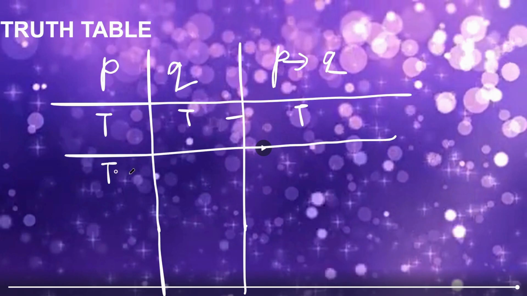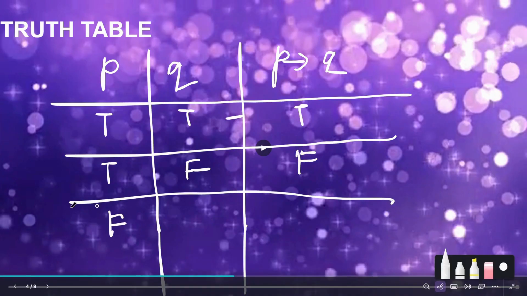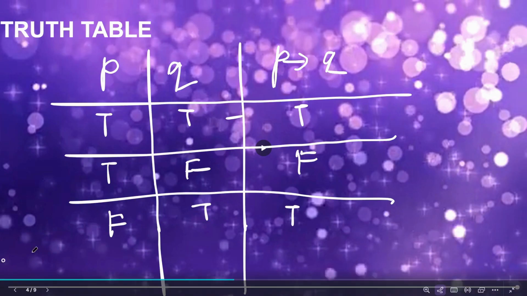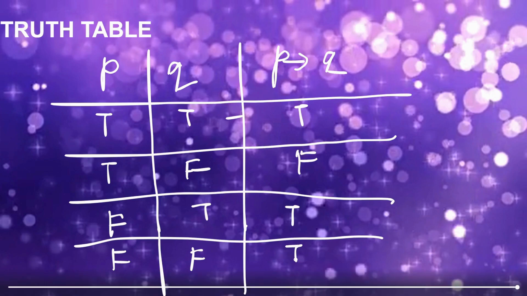If P is true and Q is false, then it will be false. If P is false and Q is true, it will be true. And the last row, if P is false and Q is false, then it will be true. So that's the answer of the truth table for the implication.